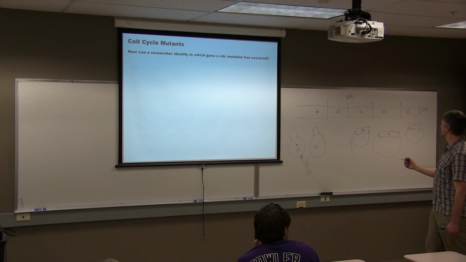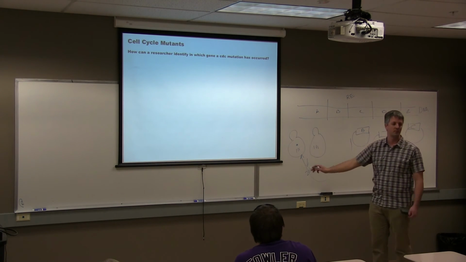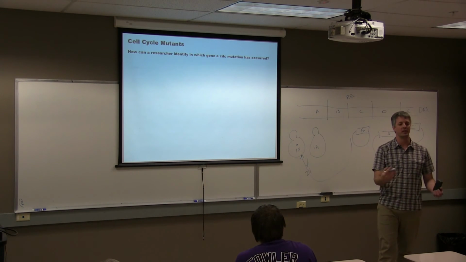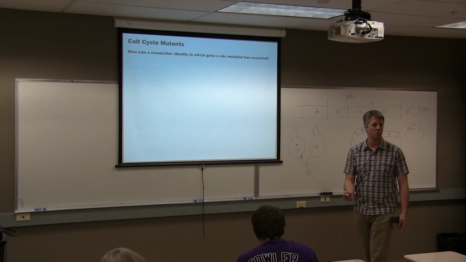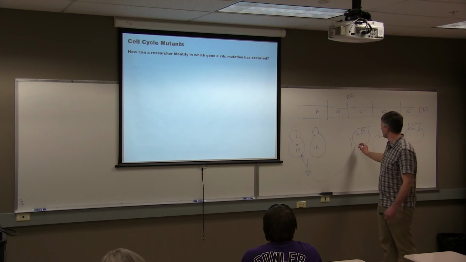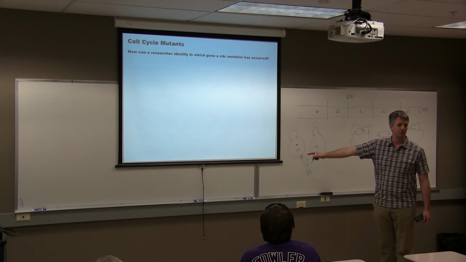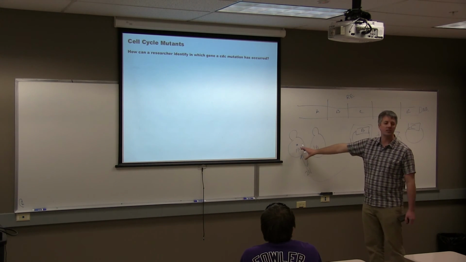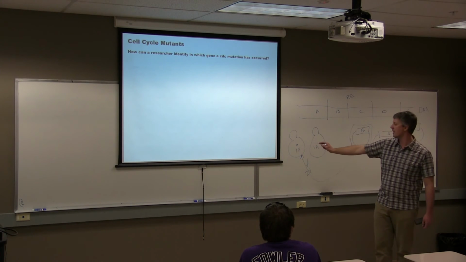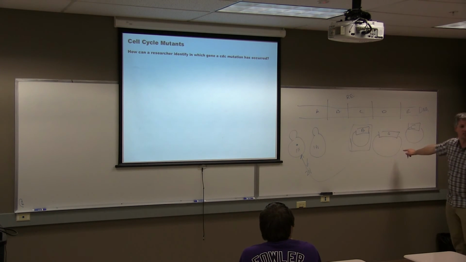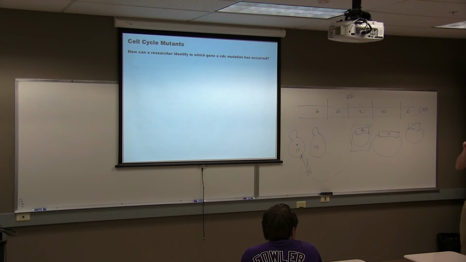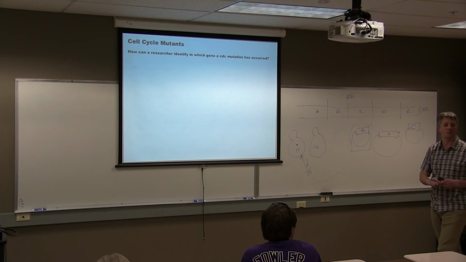Okay, now you're going to do a transformation, and transformation is really inefficient. So more than likely you're only going to get one of these plasmids transformed. So then you're going to have tons of these yeasts, each transformed with a different plasmid. Now, which one's going to grow at the restricted temperature?